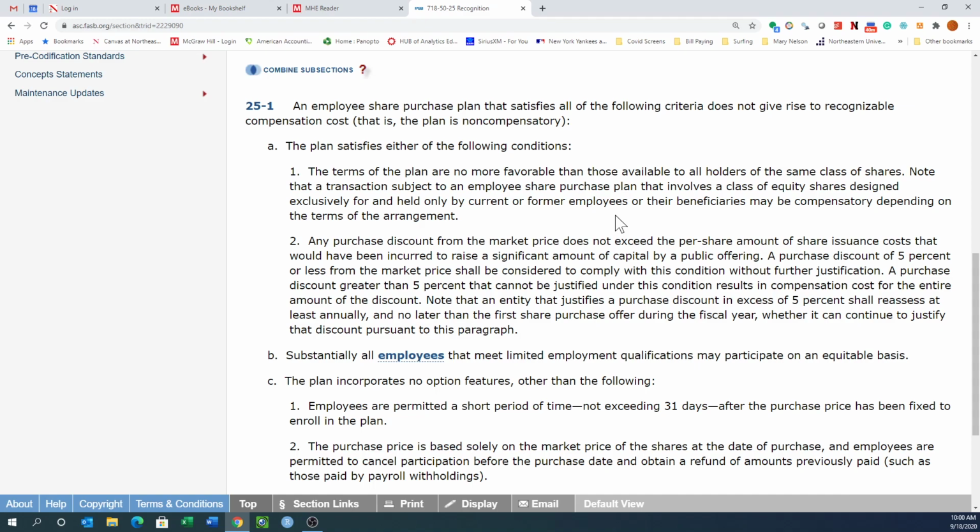And it's not compensation expense, and it's not compensation income for the employee either. Because the employee is just buying the shares, and we don't have compensation expense, they don't have compensation income for that 5%. Until they sell it.